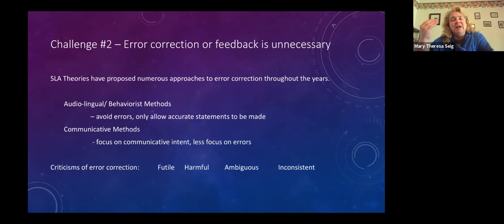And often error correction is inconsistent because we cannot correct every error. As teachers, we tend to focus on the most egregious errors, the ones that hinder comprehension. But because we have that inconsistency, the students don't know whether this error correction here applies over here, because the student's knowledge is not enough. And we as teachers cannot fix every error in a student's writing or speech. So error correction's gotten a bad rap.